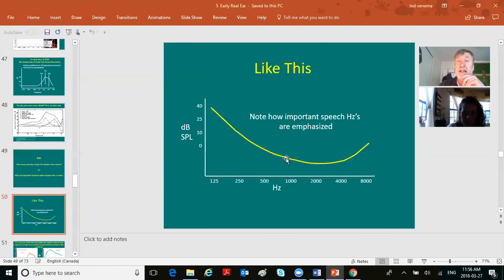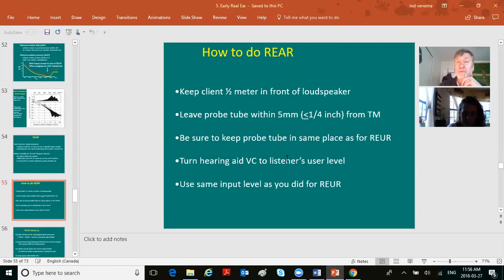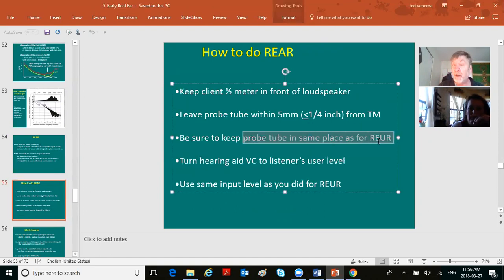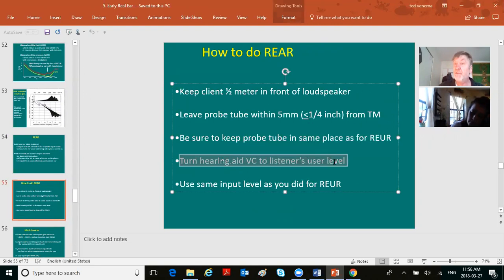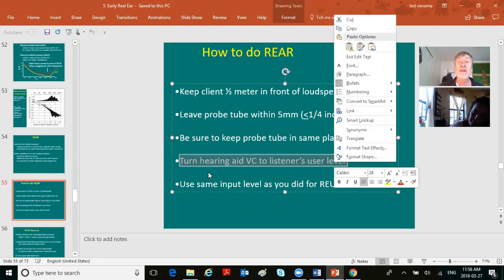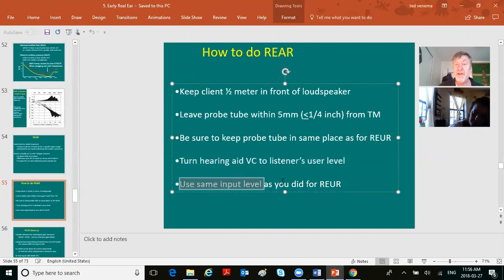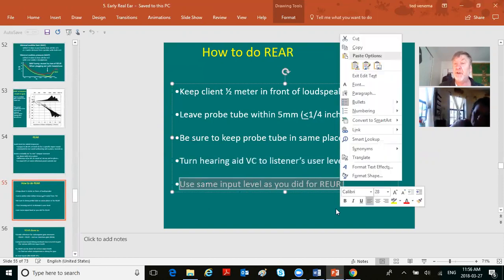And now REAR, you're keeping the client the same distance from the speaker, leave the probe tube in place, be sure to keep the probe tube in the same place as you did with REUR, turn the hearing aid volume control to the listener's preferred level, and use the same input level as you did for REUR. And what will you get?